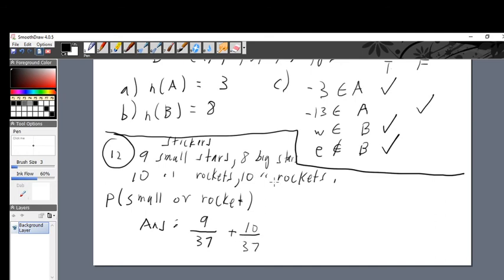Are we interested in 10 big rockets? Yes, because as long as it's a rocket, we're interested in it. So add those 10 too. So it's the 9 small stars, the 10 small rockets, and the 10 big rockets. Those are the ones that we're interested in. The only thing we're not interested in is the 8 big stars. Add all these up together, and you get a total of 29 over 37, and that is the final answer.